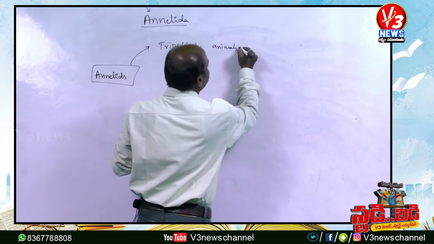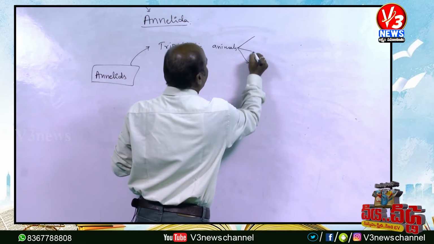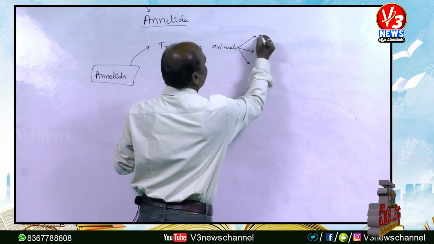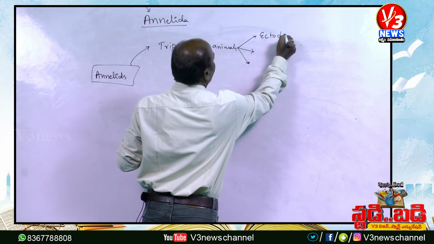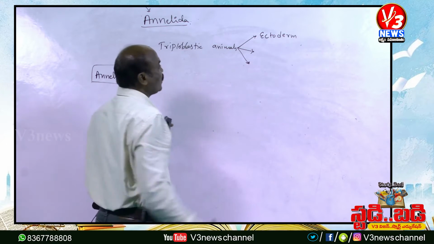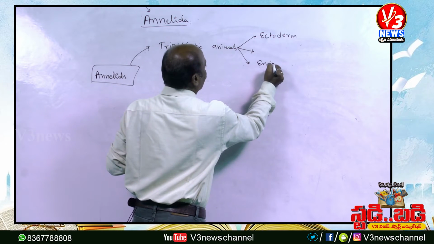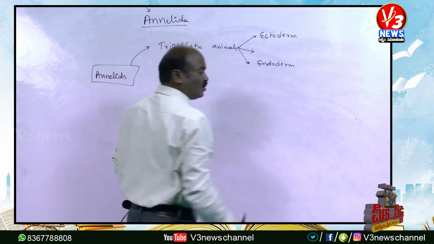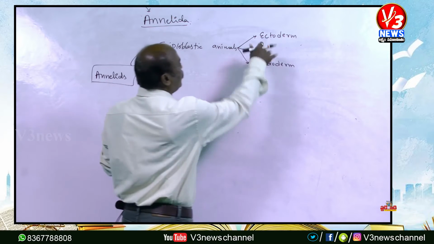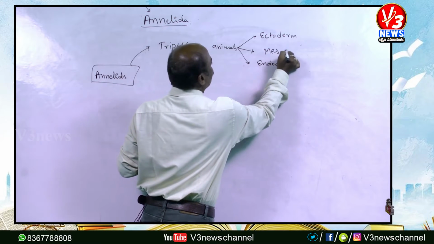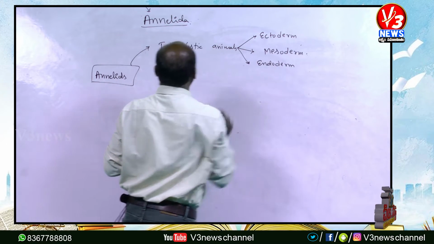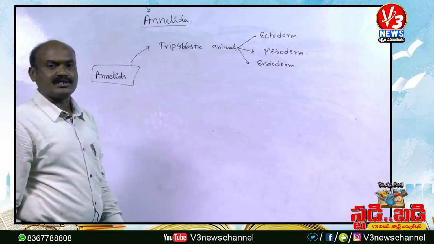So, triploblastic nature means their body wall possesses outer ectoderm, inner endoderm, and between these two, mesoderm is there. That's why these are triploblastic animals.